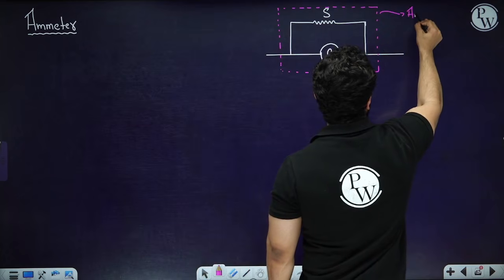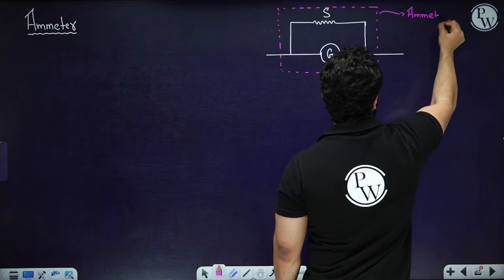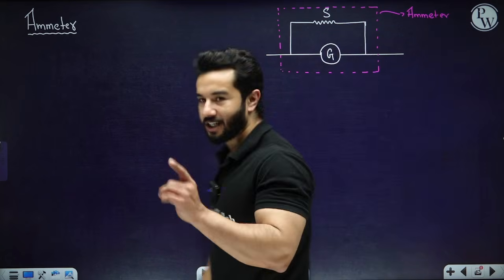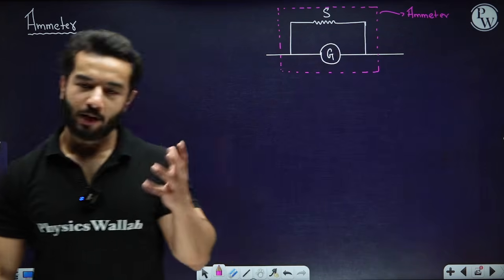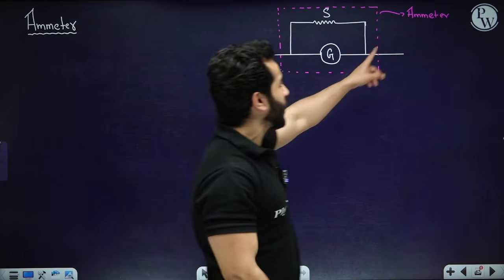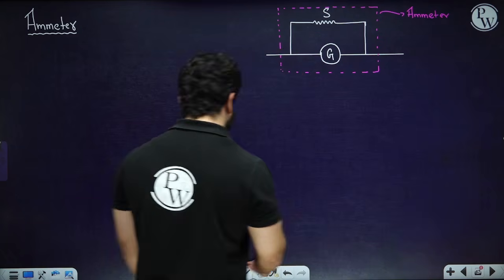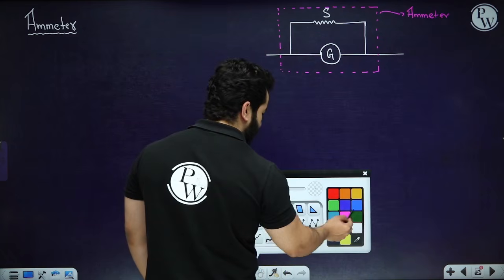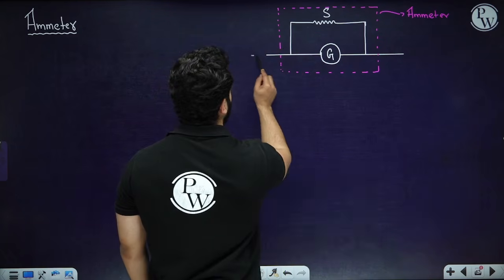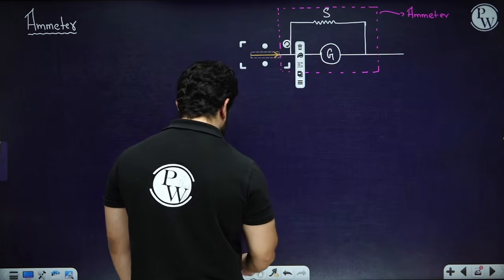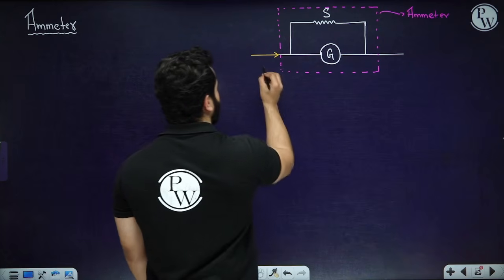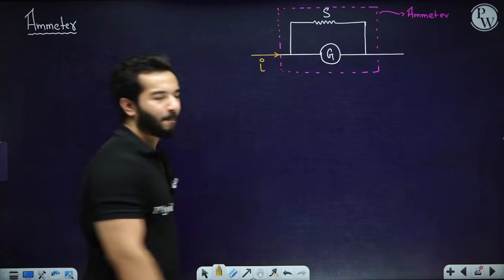And this entire thing is connected in series, not the shunt. Now you know that an ammeter is used to measure current. Whatever current you want to measure, let's suppose 10 ampere, 15 ampere, that large value of current is coming from here.